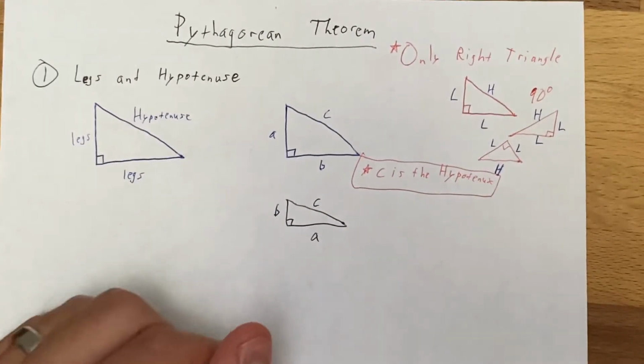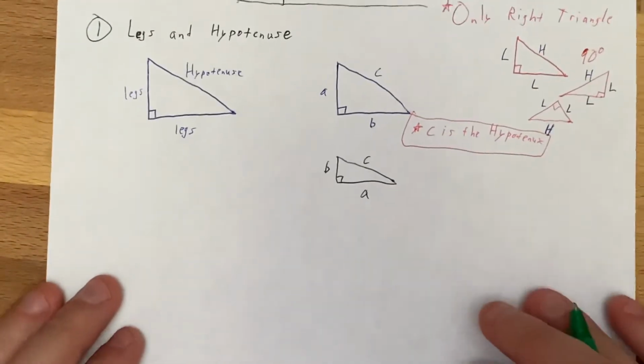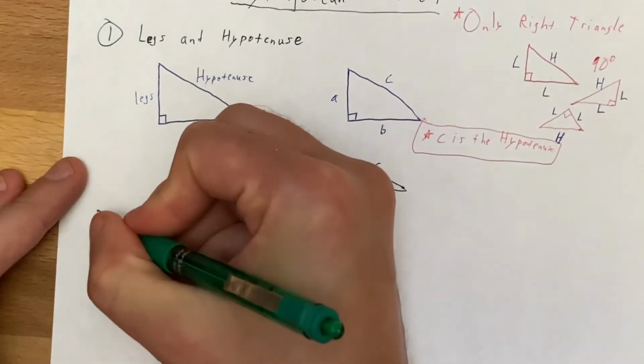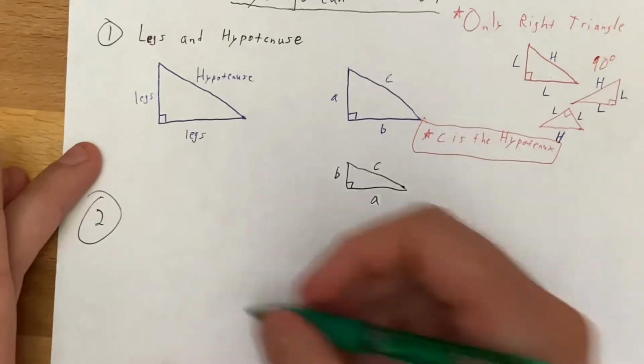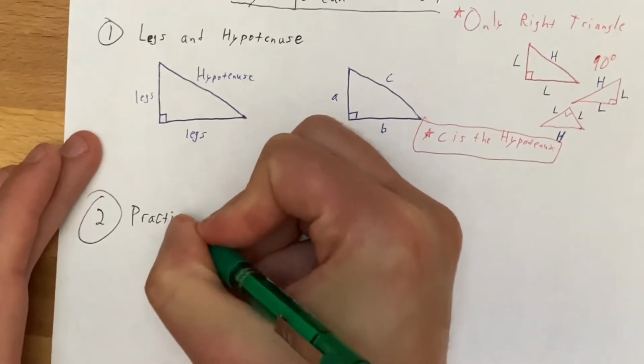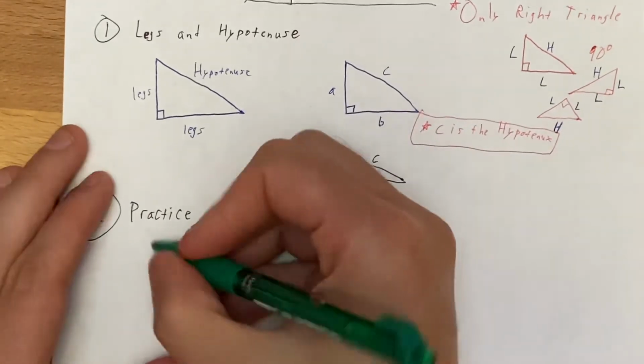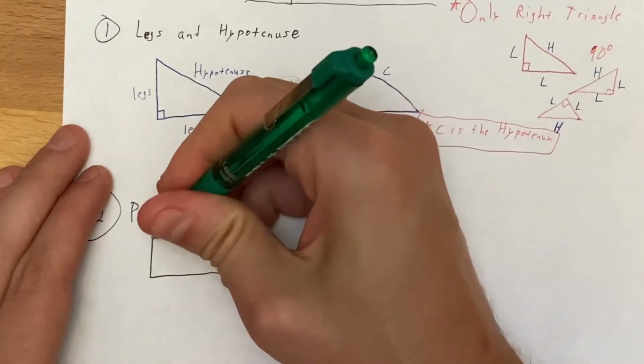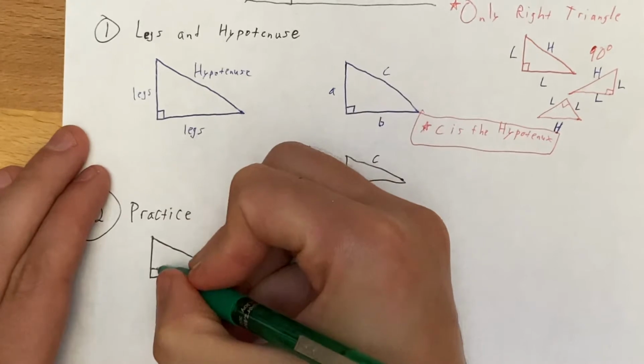So the first thing I want to do is just to make sure you're getting used to that. I'm going to put up a couple of practice problems for you guys. I'll put up a problem, you pause it, you see if you get it, and then you can move on.